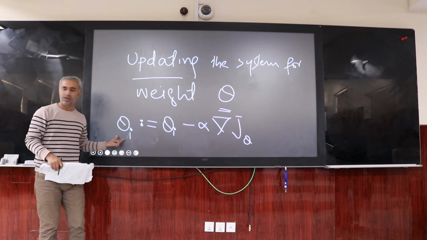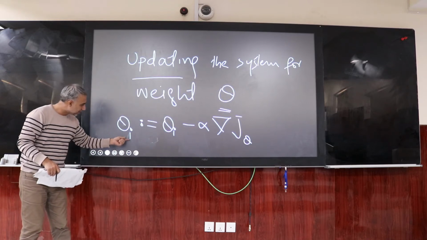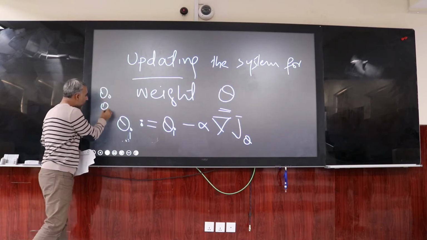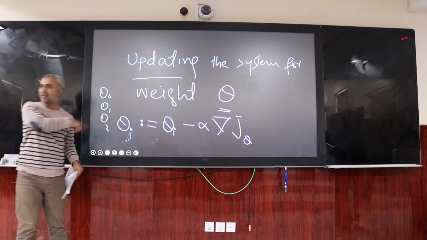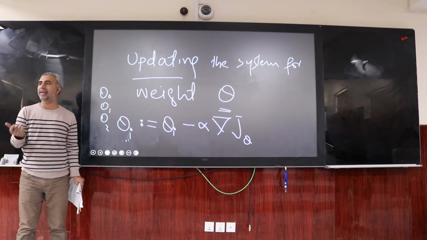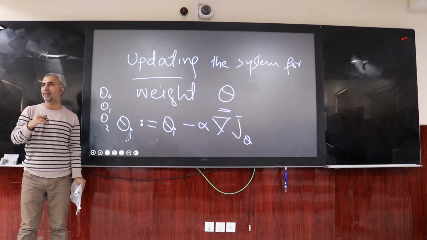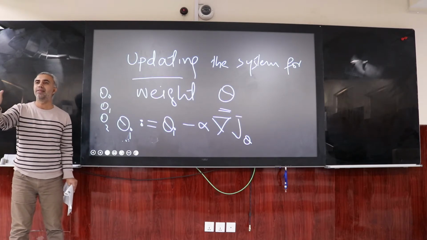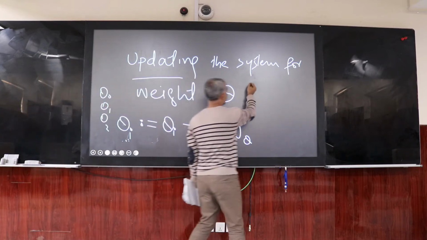Next, for example, this is theta 0, then it will become theta 1, then it will become theta 2. Weight gradually reducing, okay? You are getting the new weight, new prediction. And this continues until convergence.